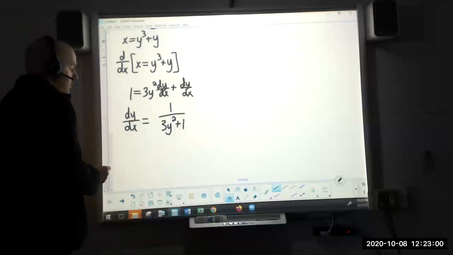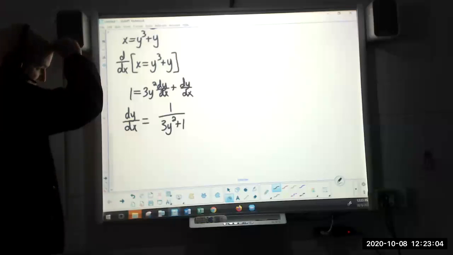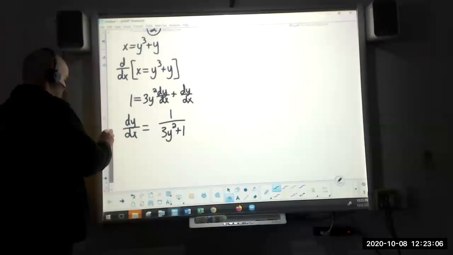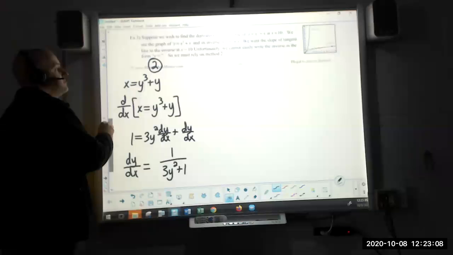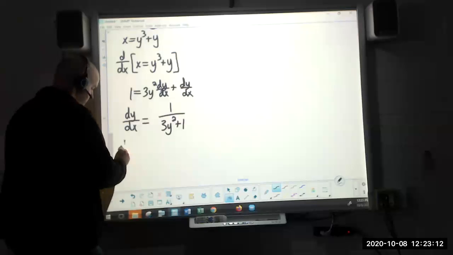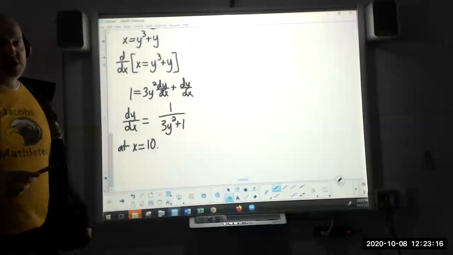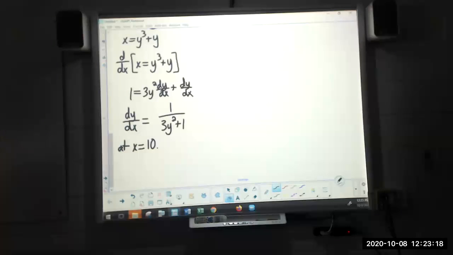Now, the problem is, what value do I use? Because it says 10. But we don't just want to jump right in with knowing that x is 10.